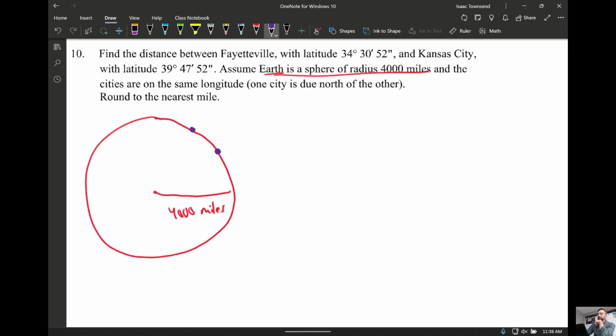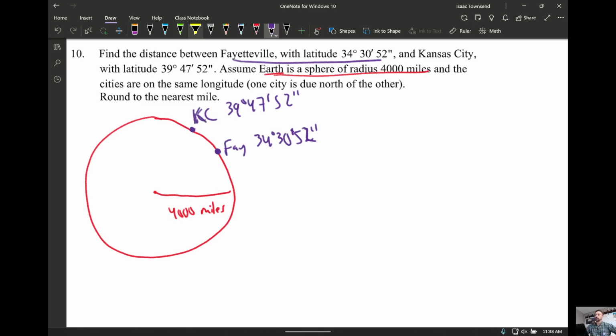This one's a little bit bigger than 39. So Fayetteville is the smaller angle, so it's closer to 0, and it is at 34 degrees, 30 minutes, 52 seconds. And Kansas City is at 39 degrees, 47 minutes, and 52 seconds.